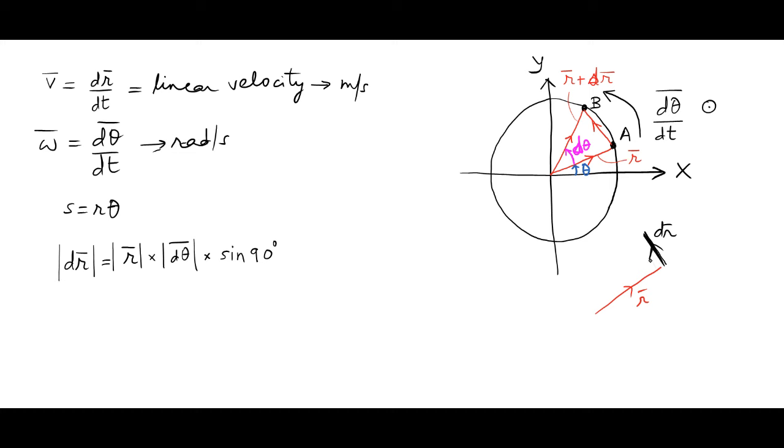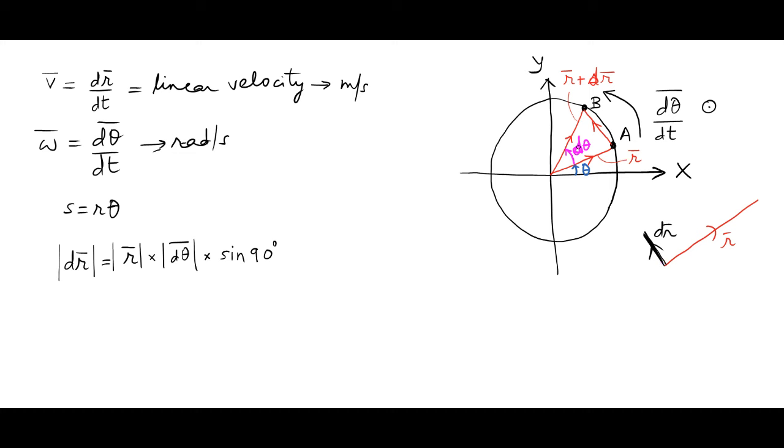In fact, what I can do is I can shift this dr bar, or rather r bar, over here. So it is this angle which is 90 degrees. And finally, if you look at d theta and try to find the direction of d theta bar, you have to apply the right hand rule.